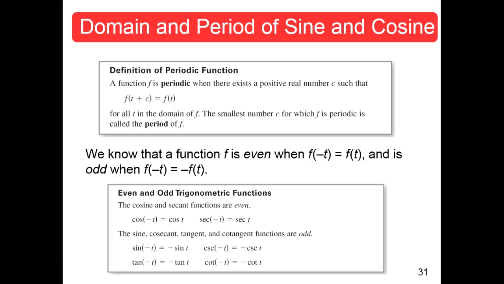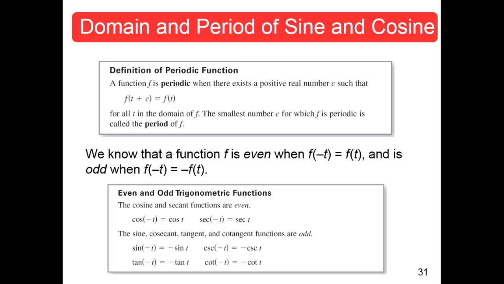In trig, unless you have what they call a horizontal shift, which we'll be calling a phase shift, all the trig functions are either even or odd, with cosine and secant, the reciprocal functions there, being even and the other four being odd.